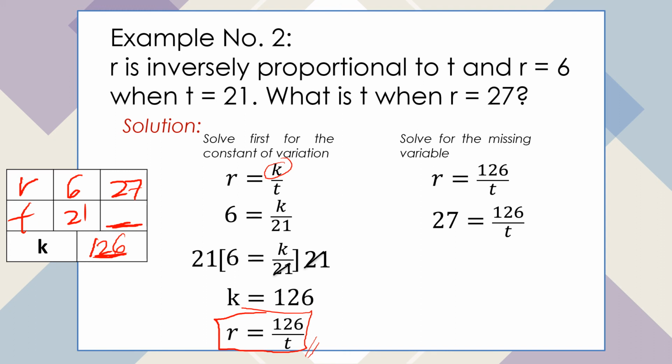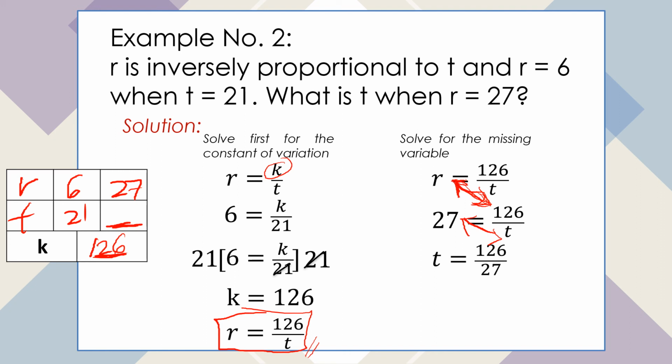Okay, tandaan. Kapag inverse variation, pwede natin pagpalitin yung value ng R at saka yung value ng T kasi siya naman ay interchangeable. Therefore, yung T, pwede natin ilagay dun sa left side at yung 27, pwede natin ilagay sa right side sa baba. So, magiging T equals 126 over 27.